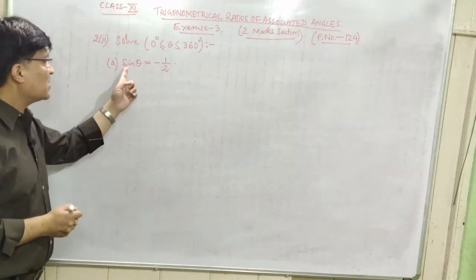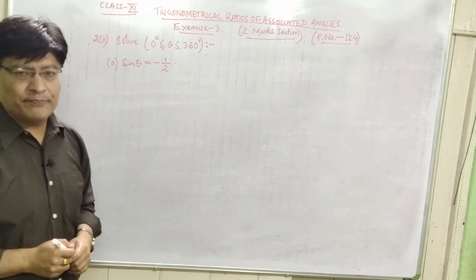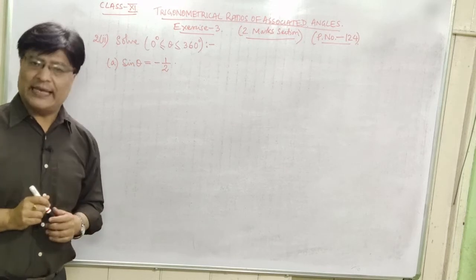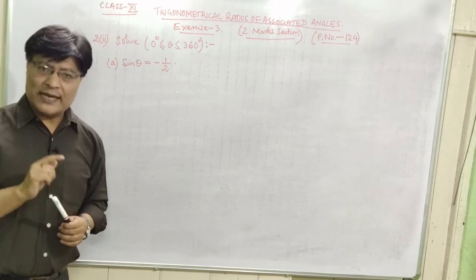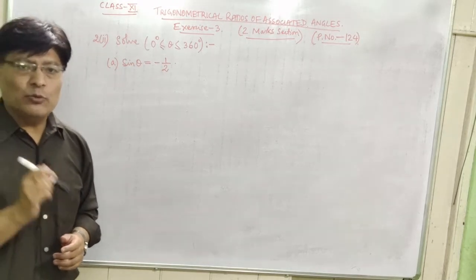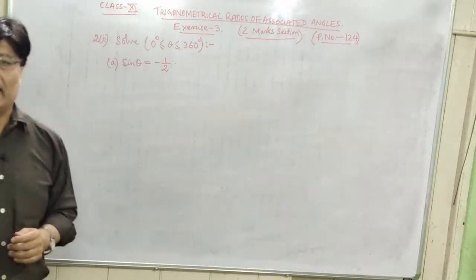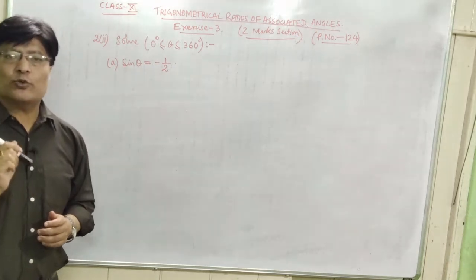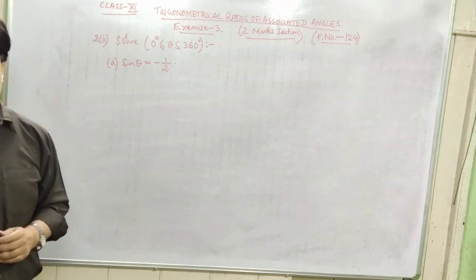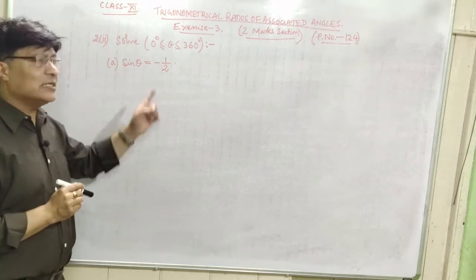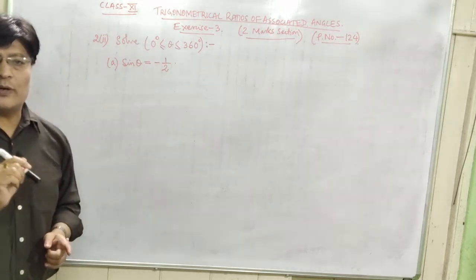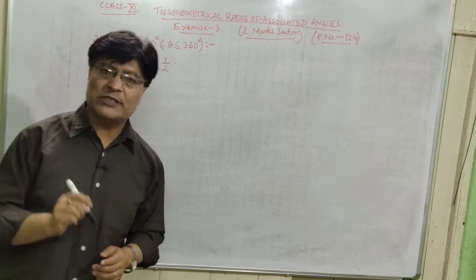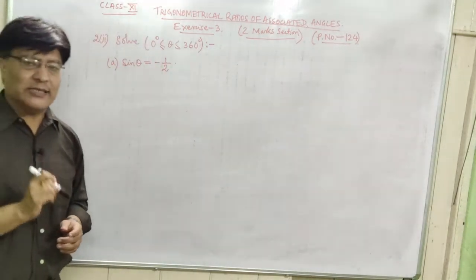Here given is sine theta is equal to minus half. Now here sine theta is given as negative. If sine theta is negative, in which quadrant does theta lie? You know that sine theta is negative in the third quadrant and in the fourth quadrant, but sine theta is positive in the first quadrant and in the second quadrant.